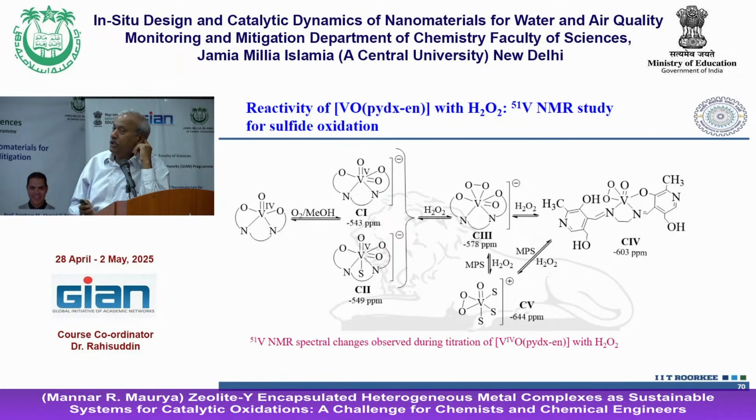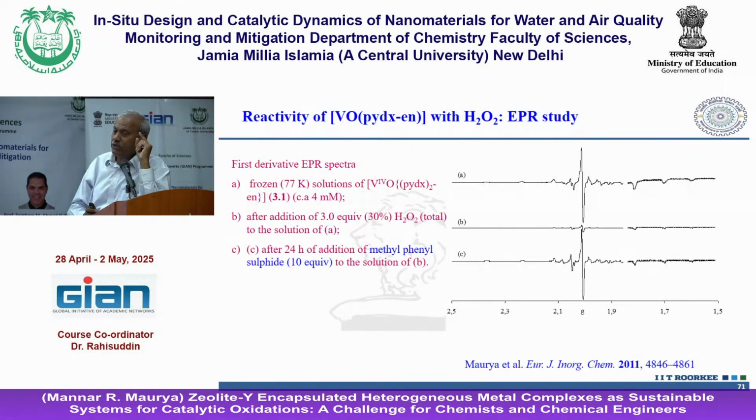Okay. EPR for vanadium 4, that is helpful. So we have EPR for the compound, with H2O2. Then after having added the methyl phenyl sulfide, you see that the EPR is coming back.